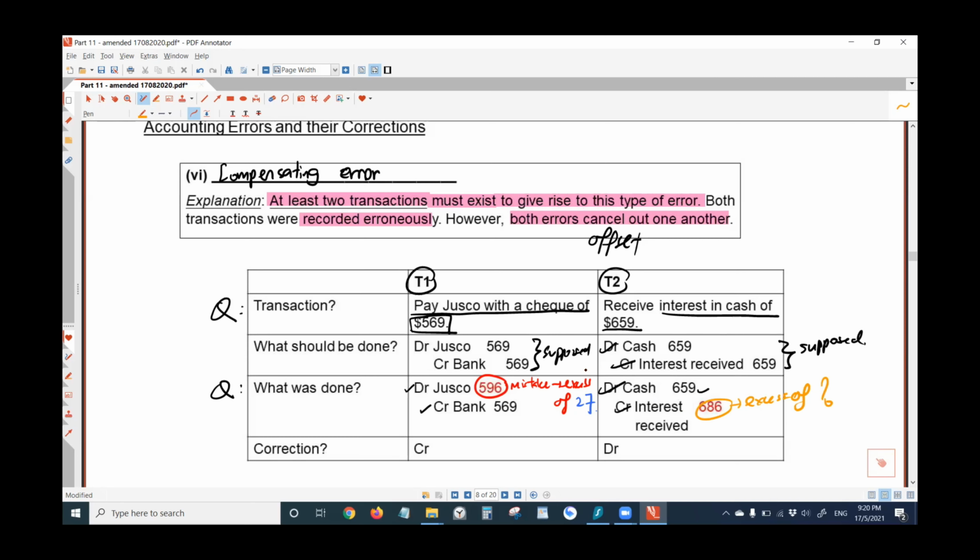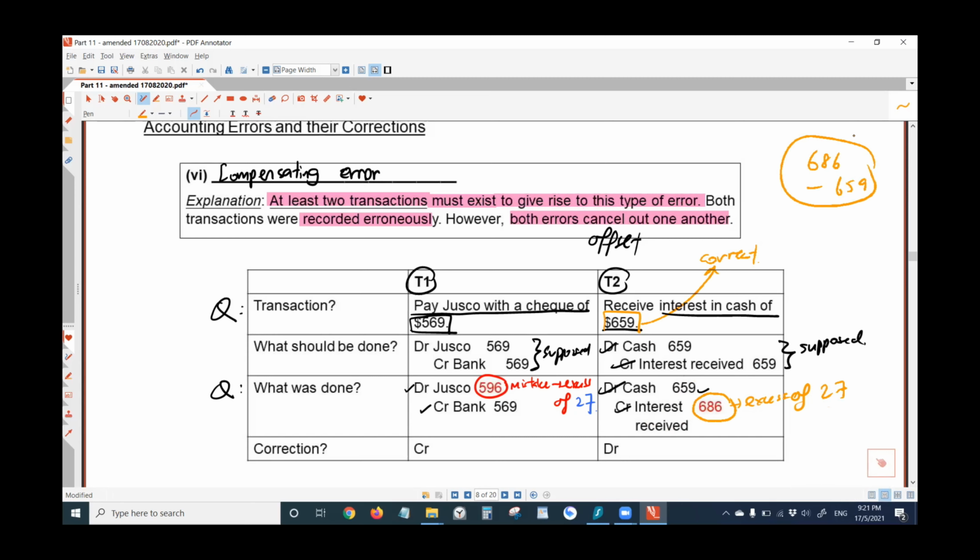Sorry, the correct amount is 659, but they credited interest received with 686. So it's in excess of how much? 27. You need to use your calculator. You take 686 minus 659, you get 27.